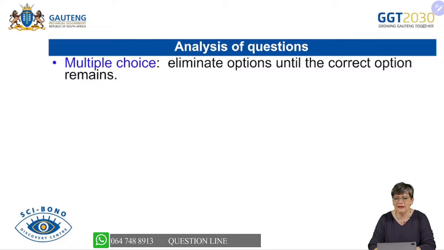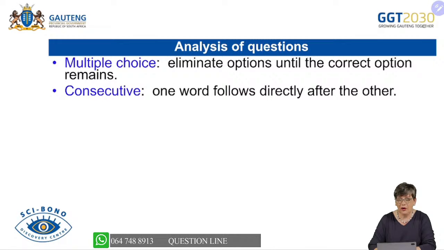In other words, look at each answer and decide whether it is the right answer. If it's not, then scratch it out until you find the absolutely correct answer. Now remember, as we said, consecutive means one word that follows the other. It's not random words, it's literally words that follow each other. Always remember that.